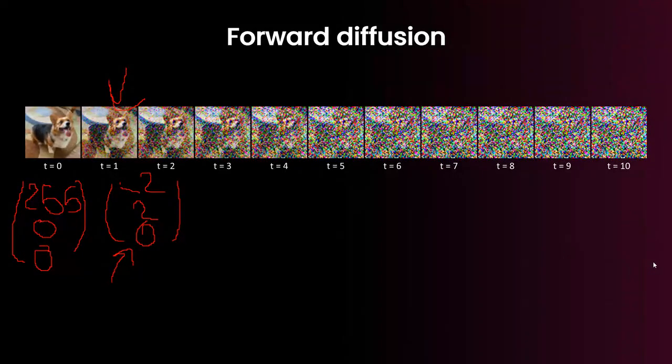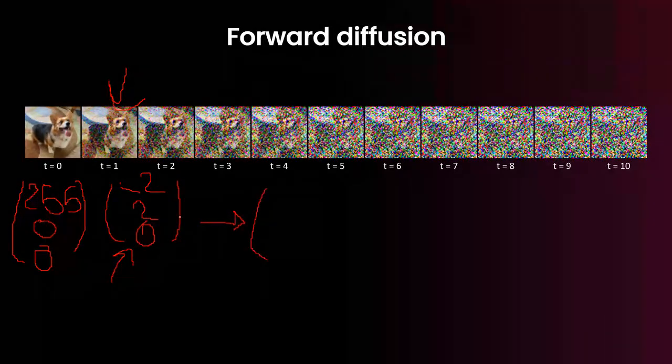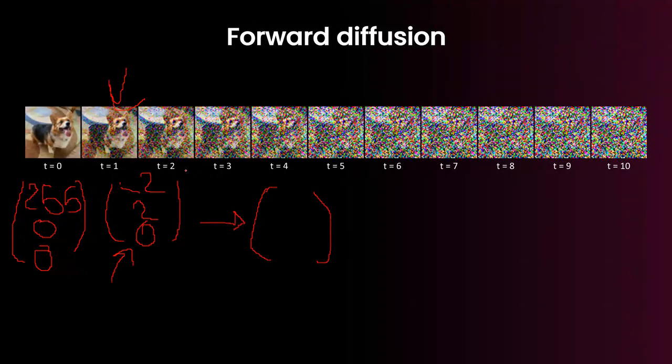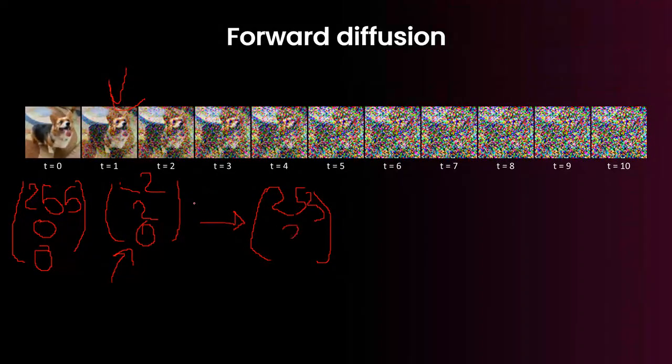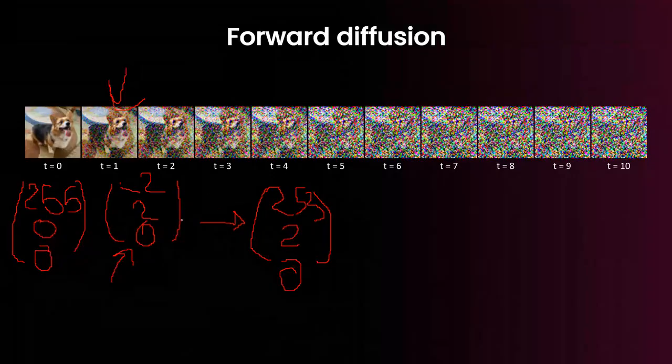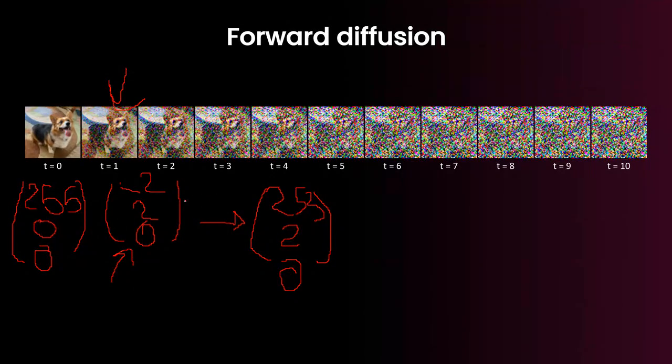The next step is adding these together, which will output a new value for this pixel, 253 and 2 and 0. This is the intensity for this pixel after being diffused, or after adding the noise.